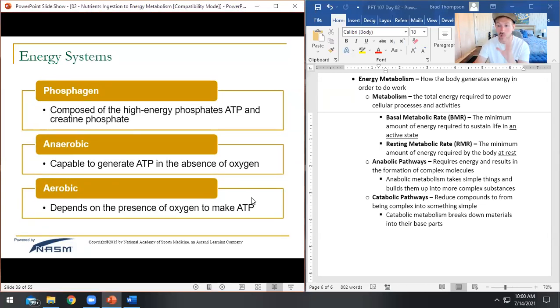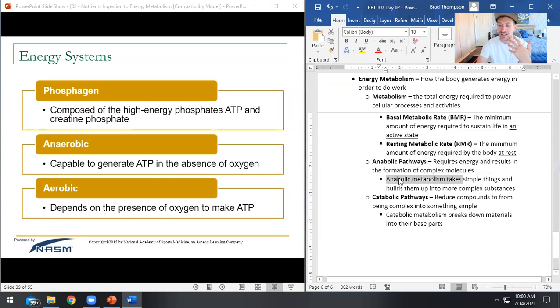Then the real work of creating energy comes in, and that's your anaerobic and aerobic metabolisms. Anaerobic is all the stuff that takes place in the absence of oxygen. So this happens in the cytoplasm, in the fluid portion of your cell, right? So your anabolic pathways require energy, and they result in the formation of ATP, but you also get some lactic acid, right?